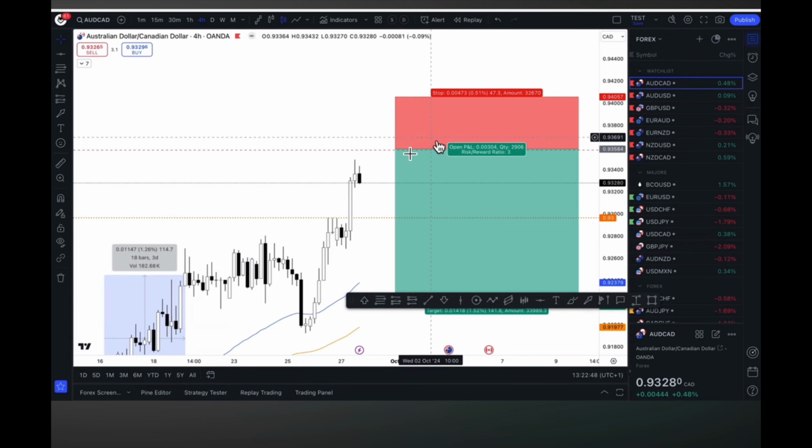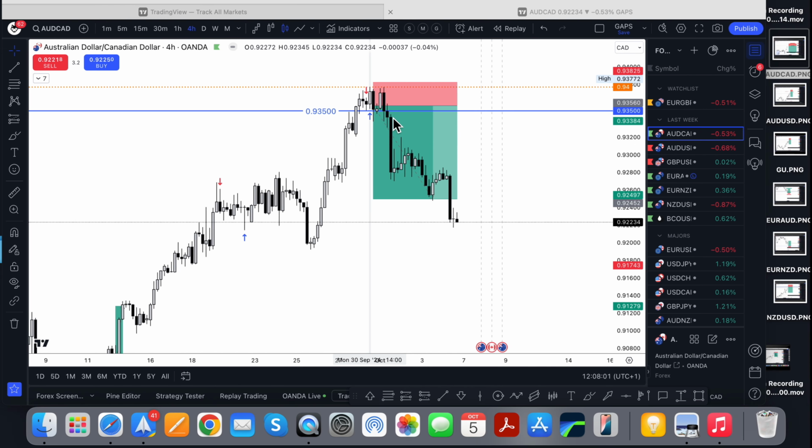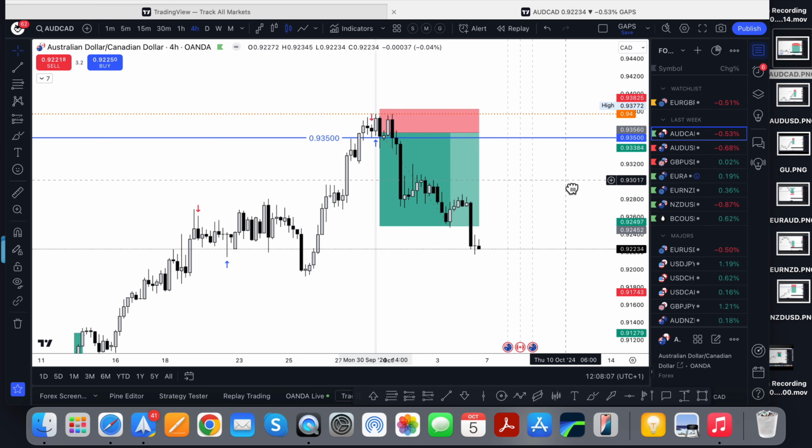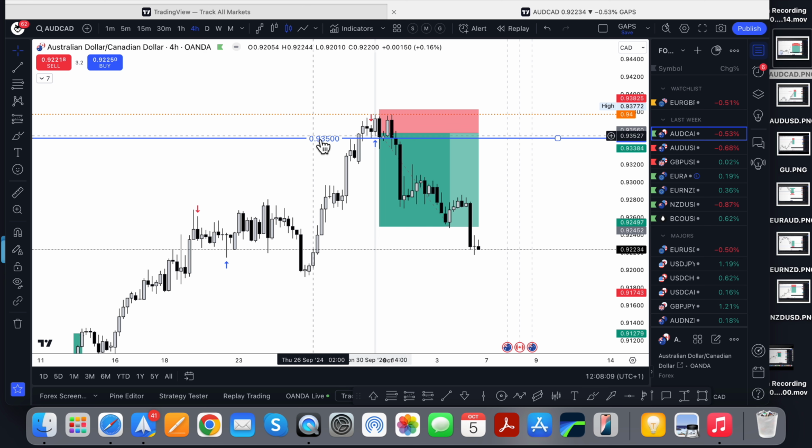And we were looking for entry signals in this area. So as you can see here, 93,500, we got into this area. So this is where we started paying attention at 93,500. It's a round psychological number. This is where we had our alert set.